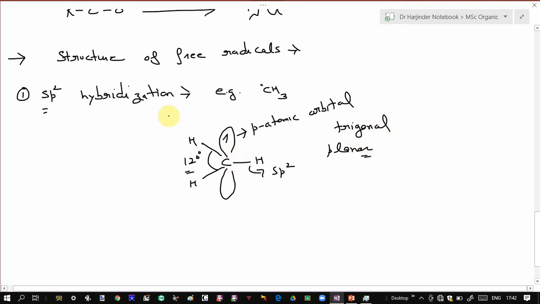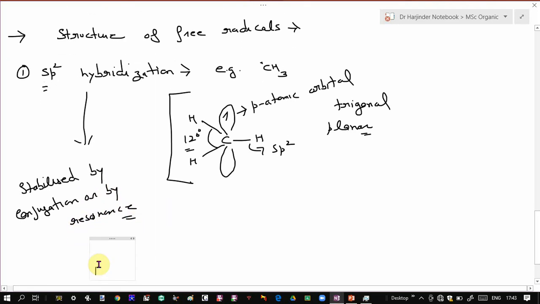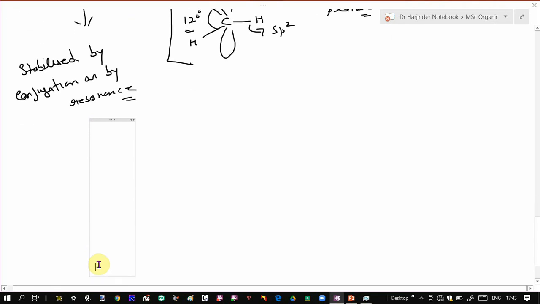Now these free radicals also have sp2 hybridization when they are stabilized, as in the case of a carbanion, by conjugation or by resonance. In that case also they have sp2 hybridization. For example, if you have a vinyl free radical, this vinyl free radical is stabilized by resonance.